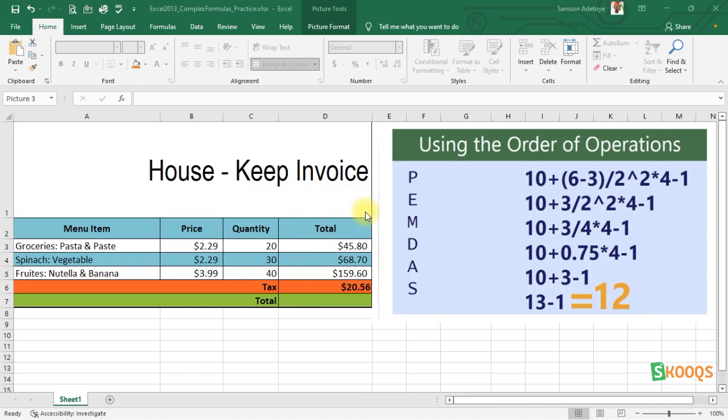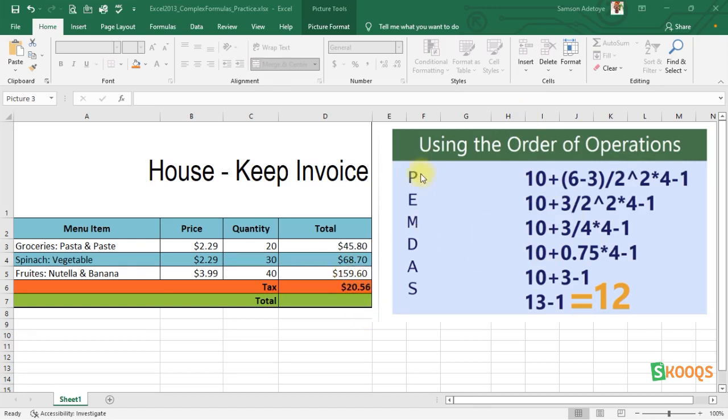So we are going to go into the details right now, and look at these mathematical operations using the order of operations.